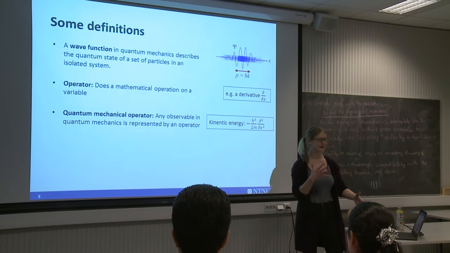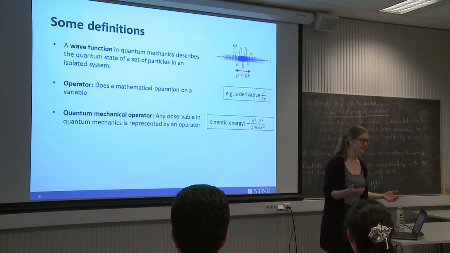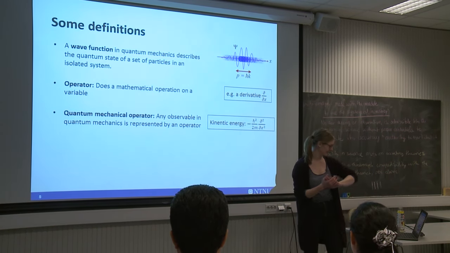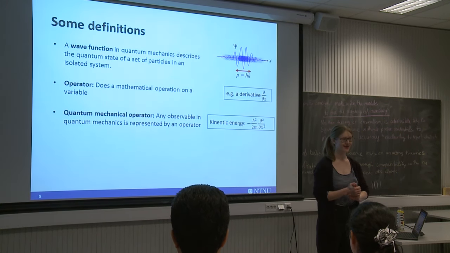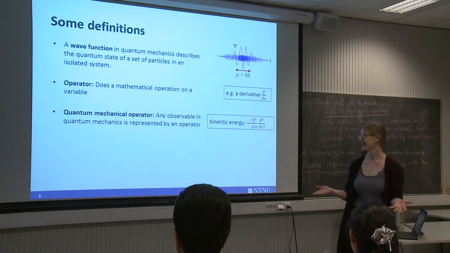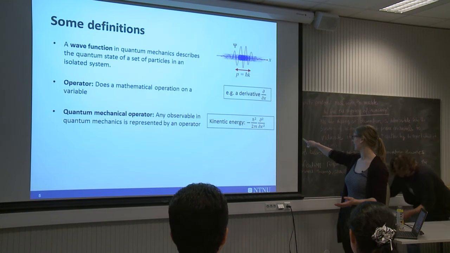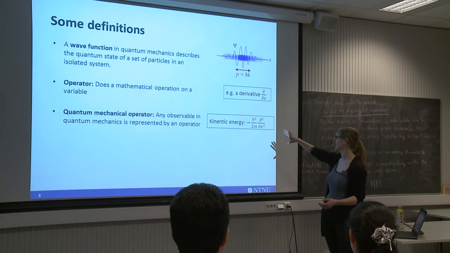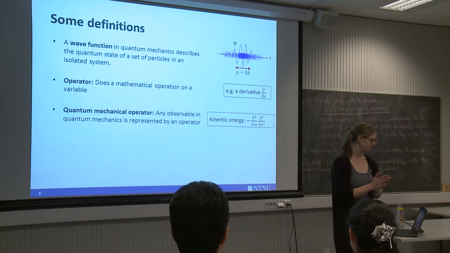And in quantum mechanics, any observable, anything you can physically measure, is represented by an operator. So for example, the kinetic energy. In quantum mechanics, the kinetic energy is written like this. So it's something, something, and then a derivative, right?